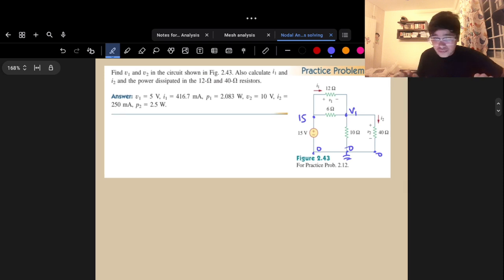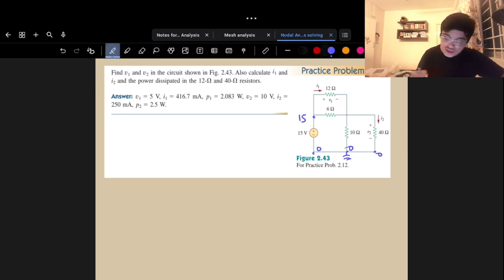Since I'm already given a V1, let's assume this node as V. That would be much better. As you can see in this figure, they have given us some particular V1. By logic, you can understand that V1 is equal to 15 minus V, since the voltage is decreasing here.